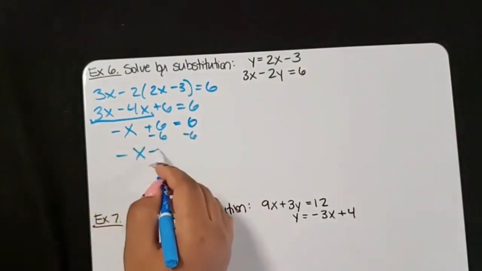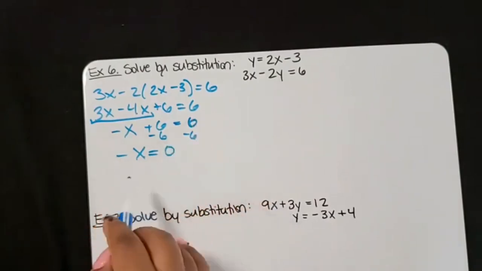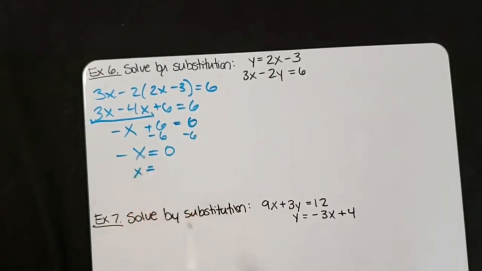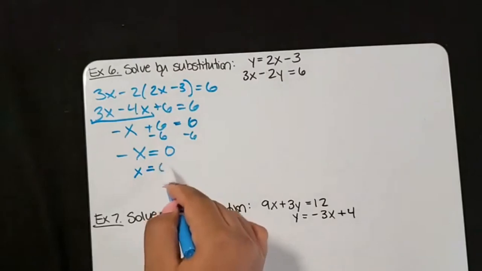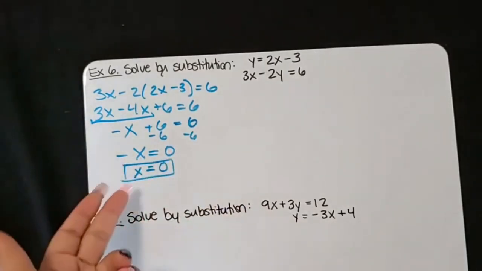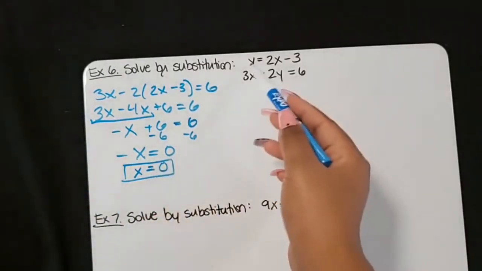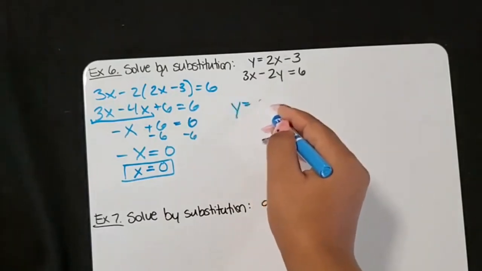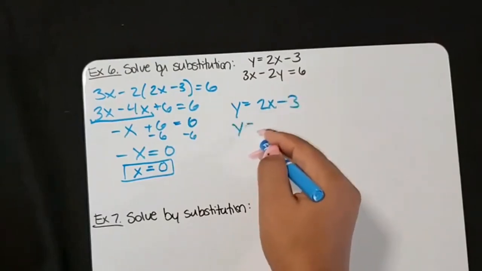So we got negative x equals 6 minus 6, which is 0. And we can't have negative x, so we have to multiply both sides by negative 1. And of course, 0 times negative 1 is still 0. So now that we have what x equals, we can take that and plug it into the first equation because it's already set up so that we could just plug something in and get a y.